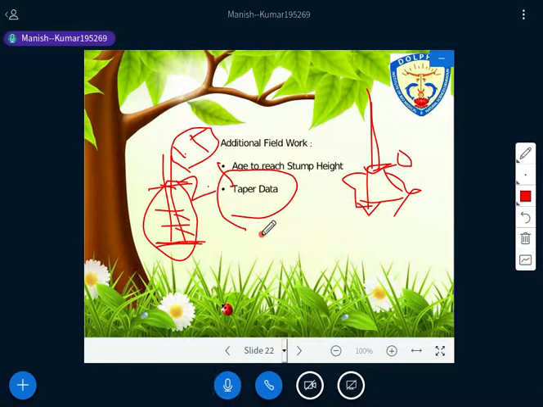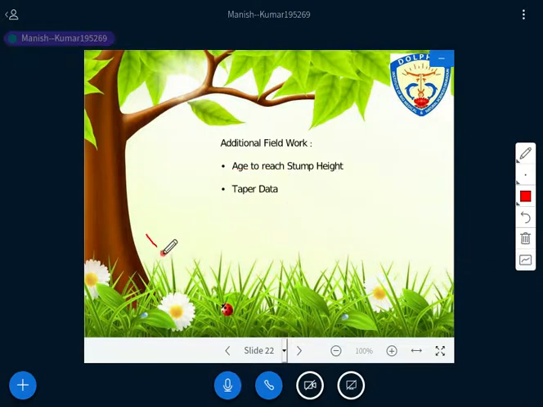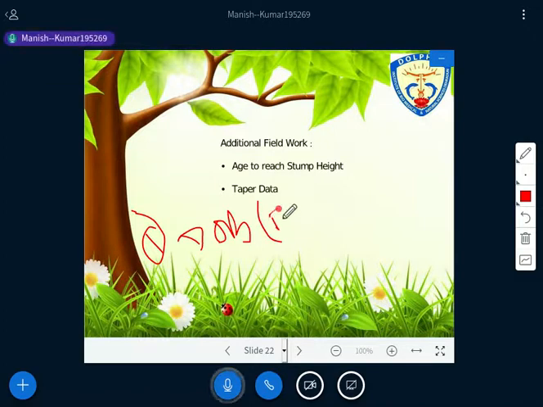The first step you have to do for the taper data, step number 1, is that you need DOB, diameter over bark at breast height, for at least 10 trees.